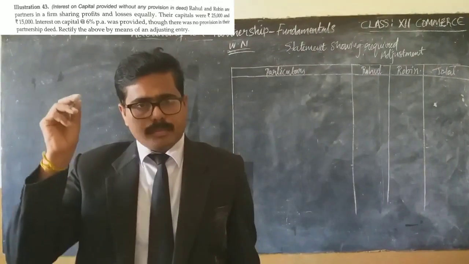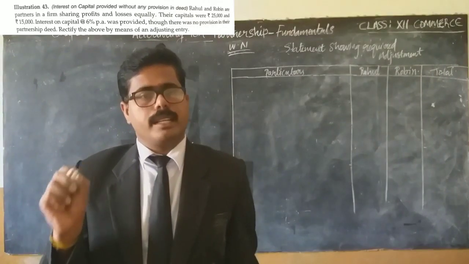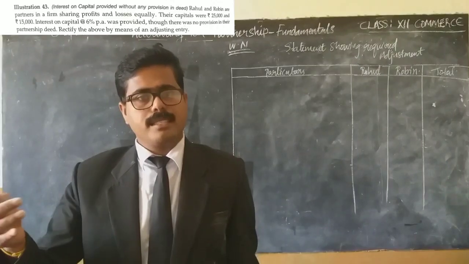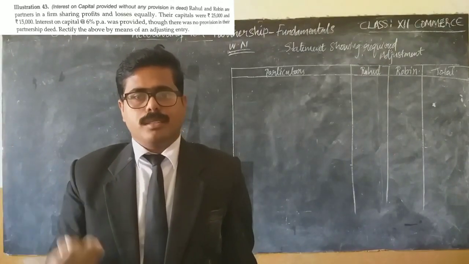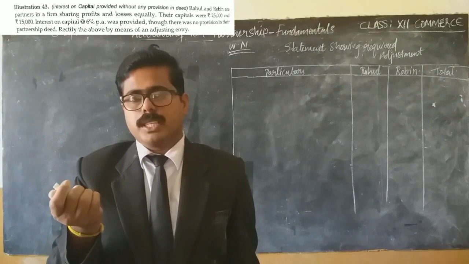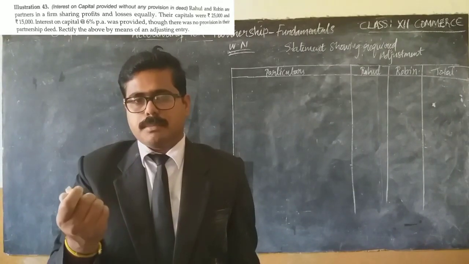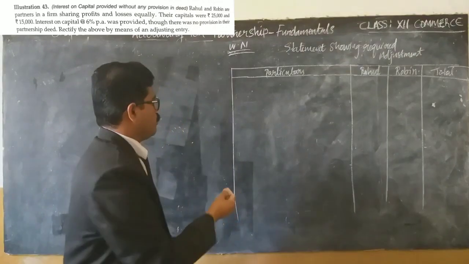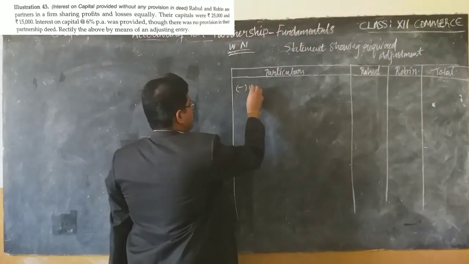In the partners' capital account, interest on capital is shown on the credit side, which increases the capital. So once we take it back, it will decrease the capital. We are taking it back, so we will subtract from the partners' capital account: minus interest on capital.